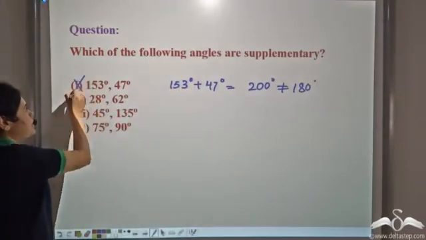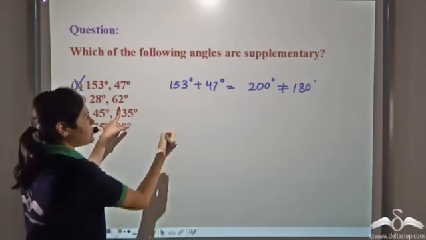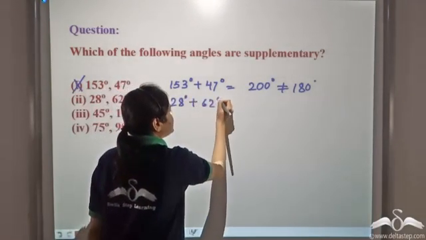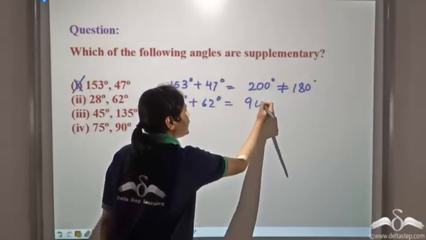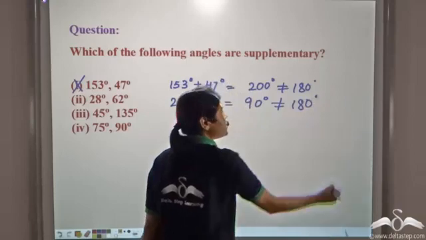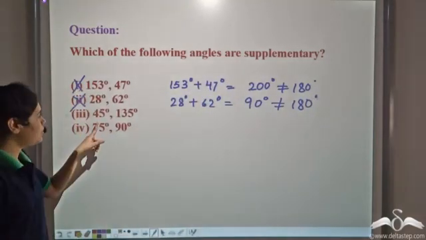Hence, these angles are not supplementary. 28 plus 62 is equal to 90 degrees, which is not equal to 180 degrees. Hence, even these are not supplementary.